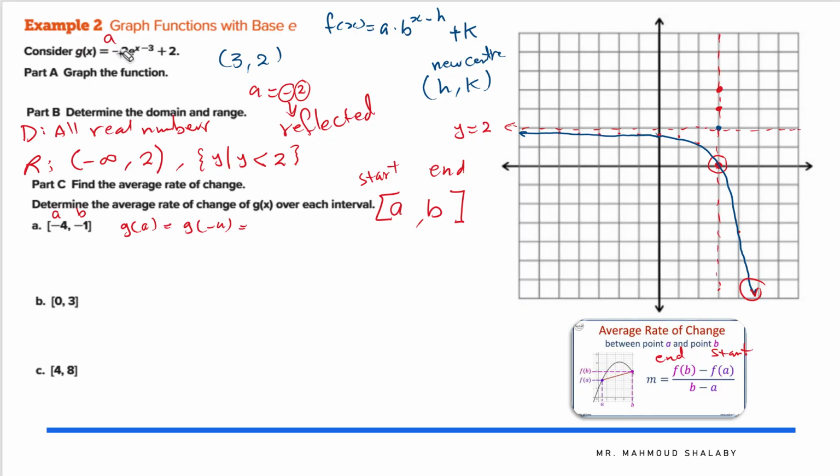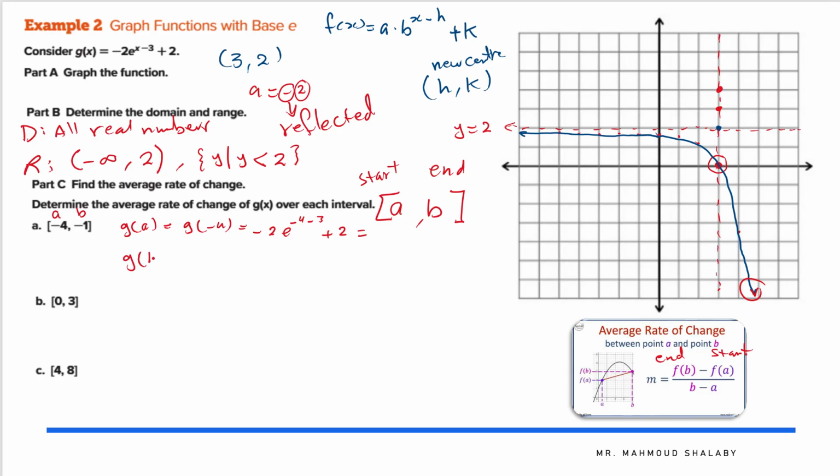Let me just remove this so you can see the function a bit. So all I need to do is rewrite the function again, but I will replace x here by -4. So I will write here -2 e to the power of -4 minus 3, plus 2, and find the result with the calculator.